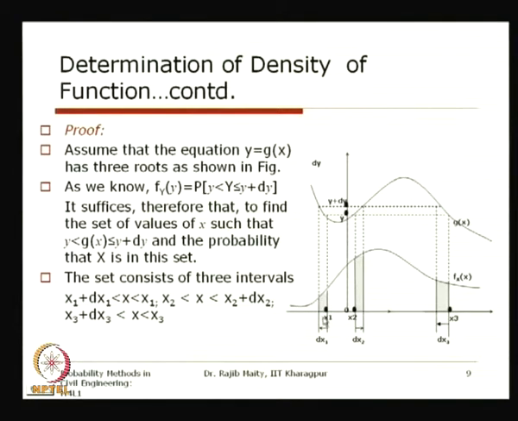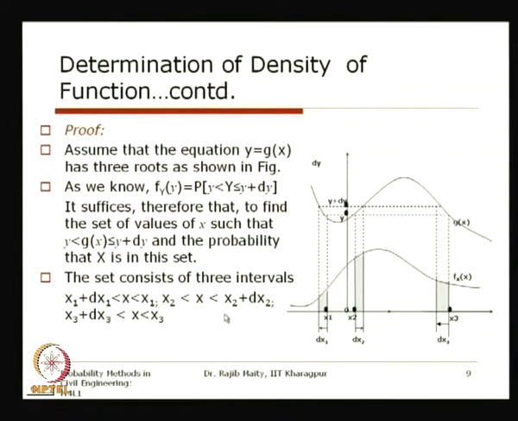Now these three sets are like this, which we have identified and shown in this figure. The first set consists of the interval from x1 plus dx1 to x1. This is the first set. Then the second set is from x2 to x2 plus dx2, and the third set is x3 plus dx3 to x3.